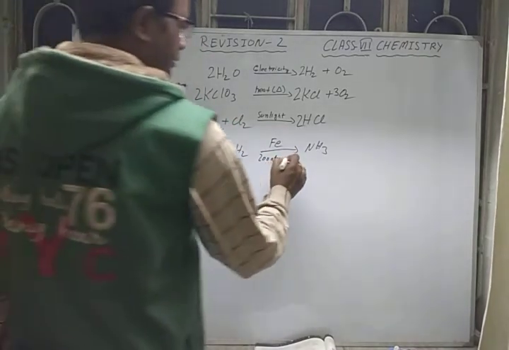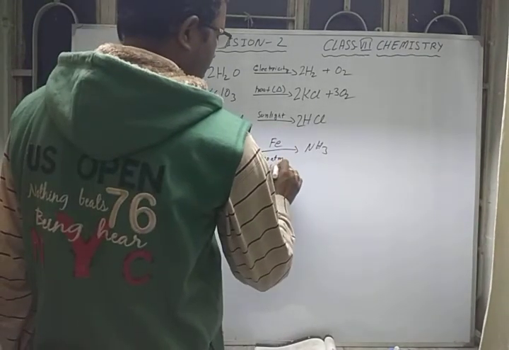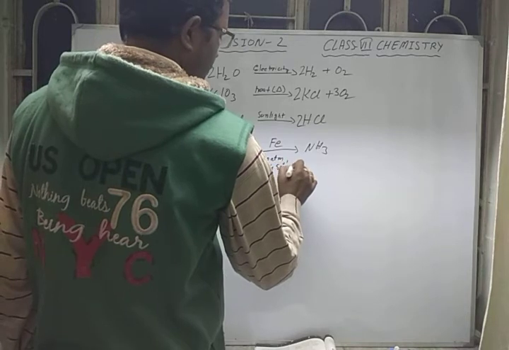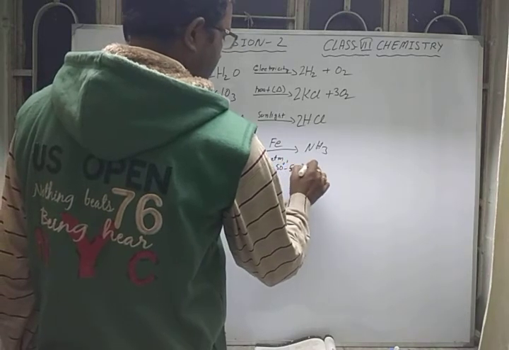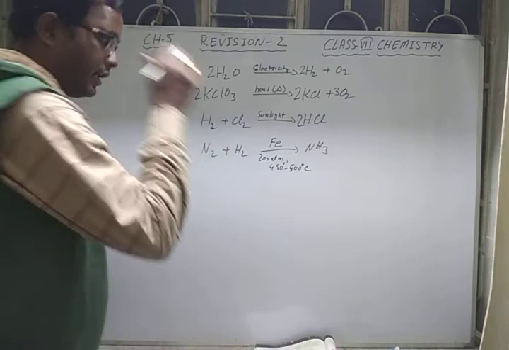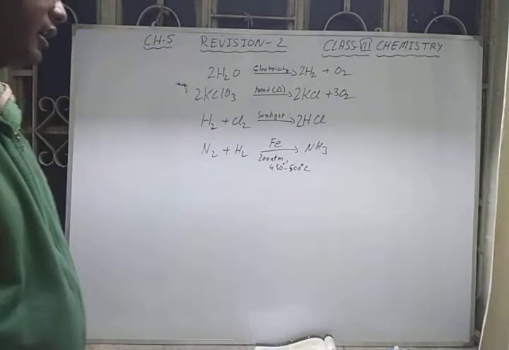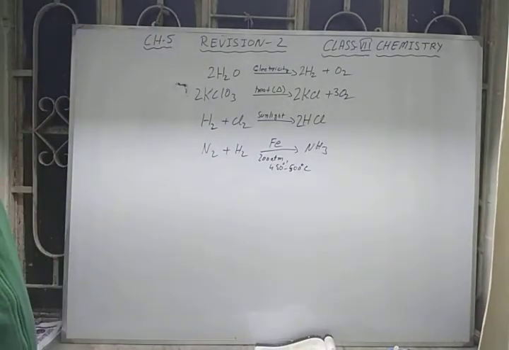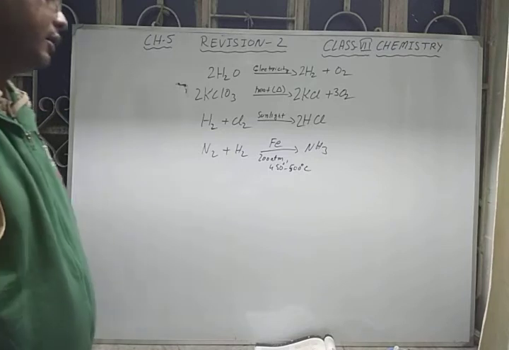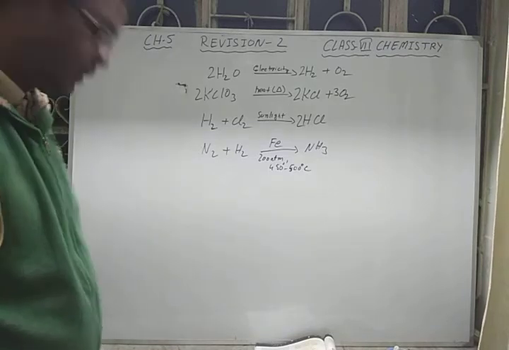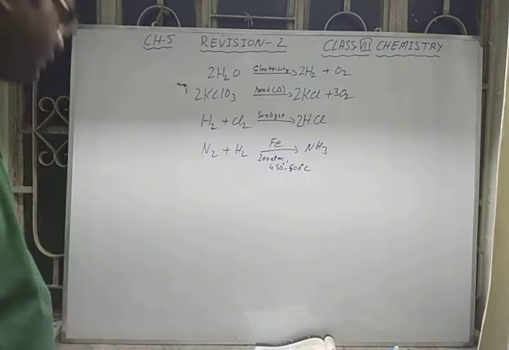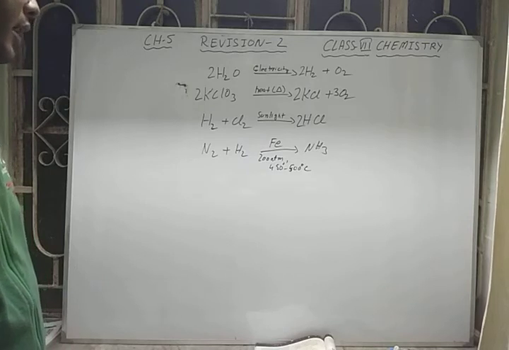We need here 450 to 500 degrees Celsius temperature. That means we have to write these conditions also, catalyst or atmospheric pressure or on heating. If a specific temperature is required, we have to mention that specific temperature also. So in this way you get the chemical equation.